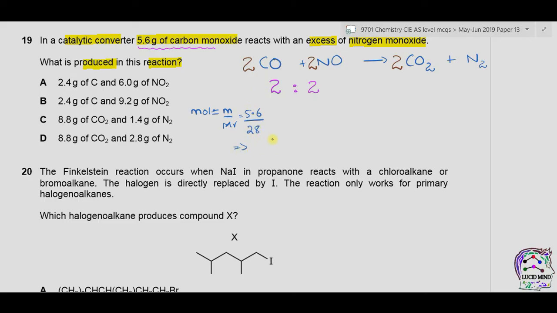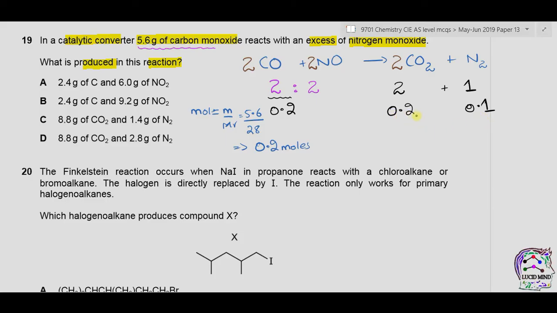So the number of moles is 0.2 moles. As we can see, 2 moles of carbon monoxide produce 2 moles of carbon dioxide and 1 mole of nitrogen. So therefore 0.2 moles of carbon monoxide will produce 0.2 moles of carbon dioxide and 0.1 moles of nitrogen.